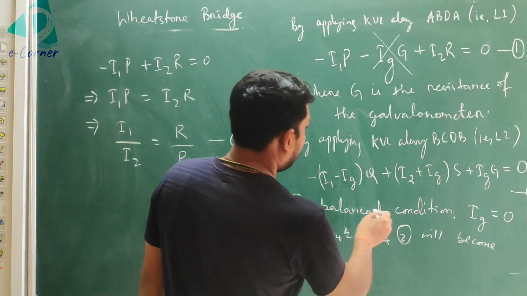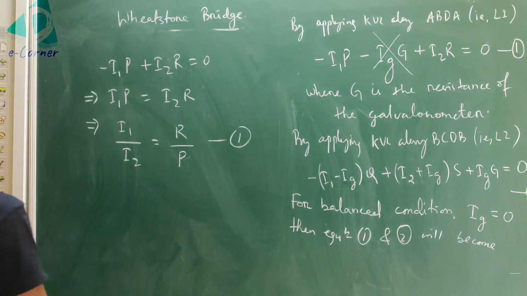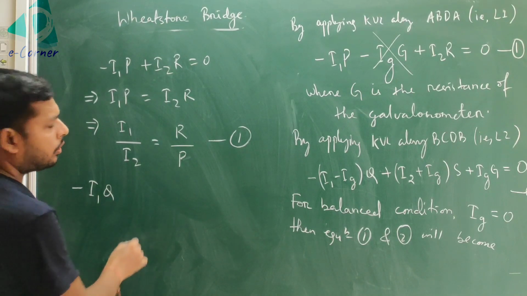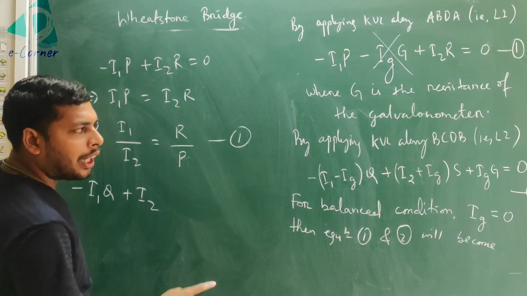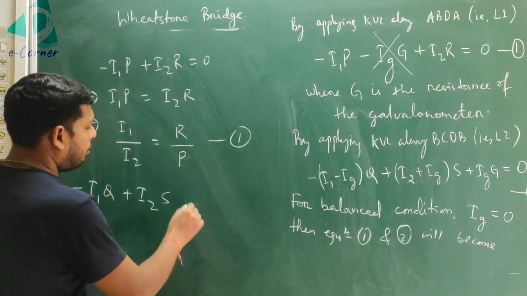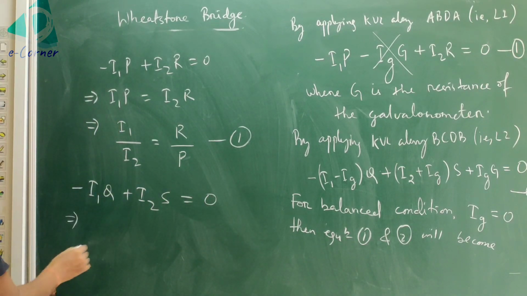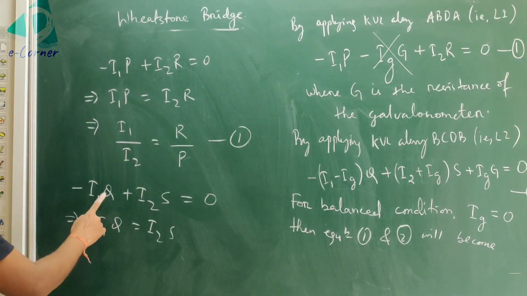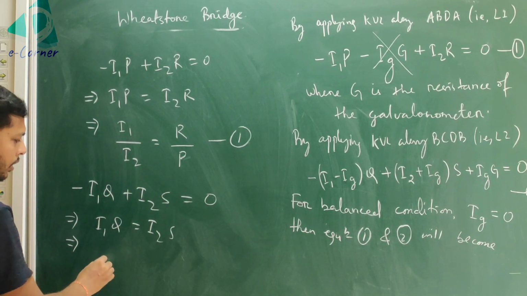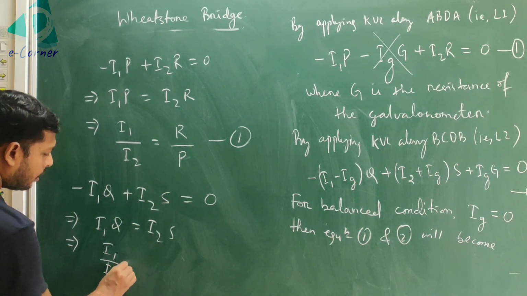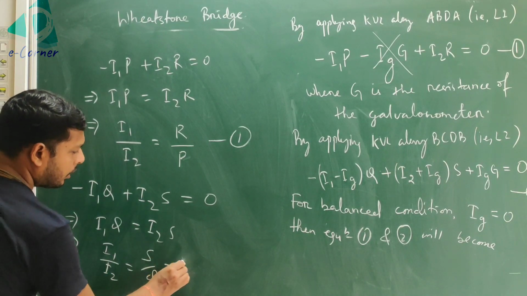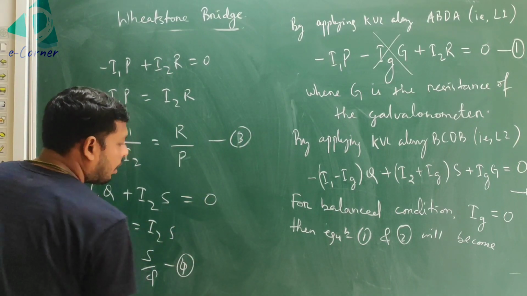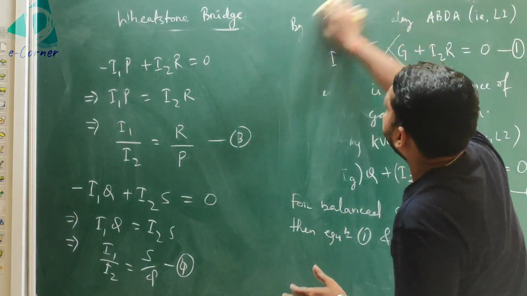Second equation will become, Ig is 0. Since Ig is 0, that is minus I1 into Q plus I2, Ig is 0. Again this is S, that one will also be 0. That implies I1 Q is equal to I2 S. While we are considering this on the right hand side, I1 upon I2 is equal to S upon Q. This is the fourth equation. Okay.